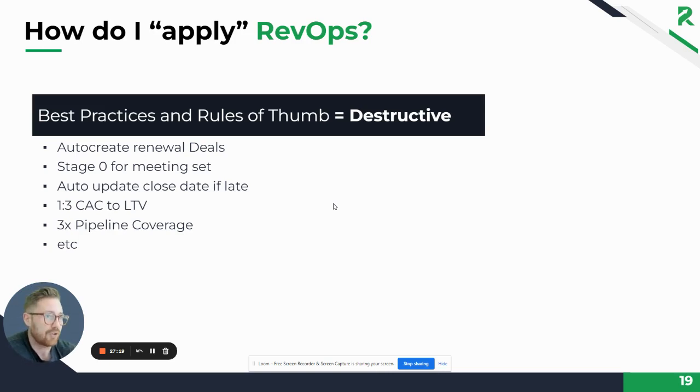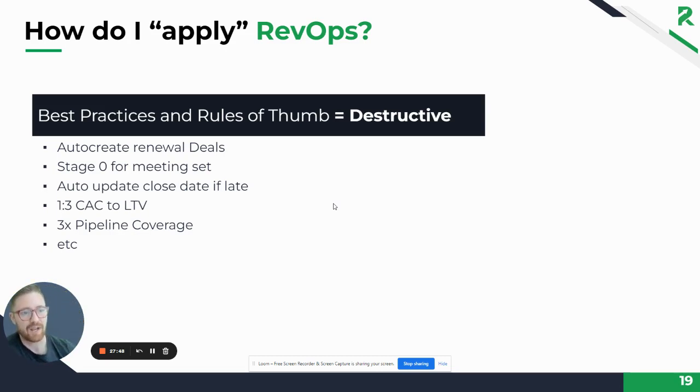What does renewal deals mean? What are you capturing? What's triggering this? Is it affecting a life cycle post customer? Depending on your go-to-market and your sales, do you need renewals or upsells? Who owns those? Who are you assigning them to? The best practice itself is not bad. However, applying it to your specific instance and putting it into specific practical guidance is difficult. So the best practice is not good.